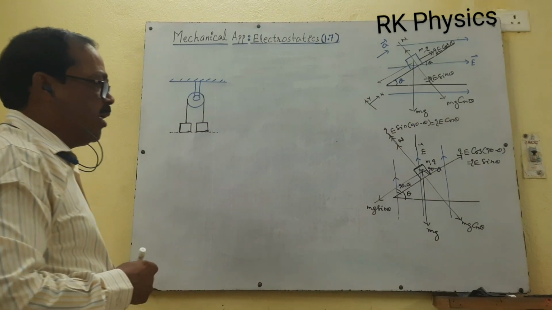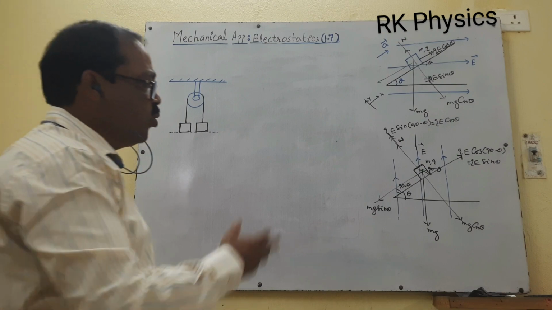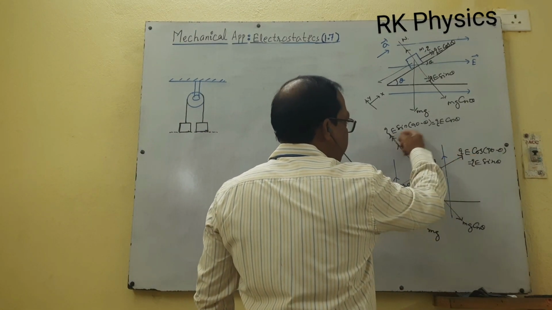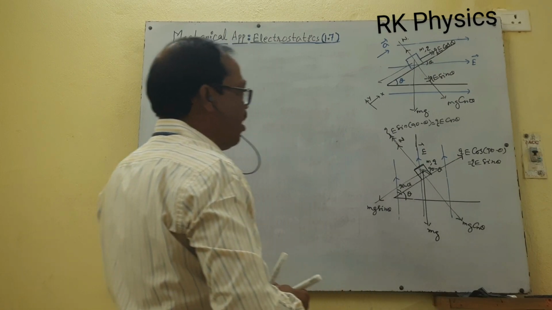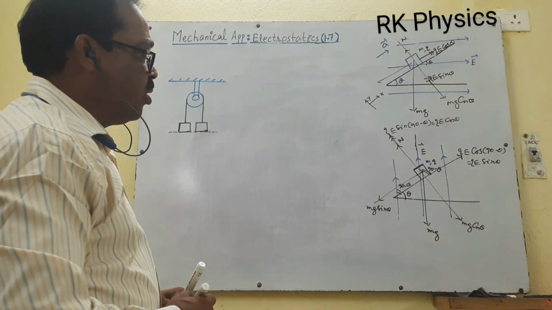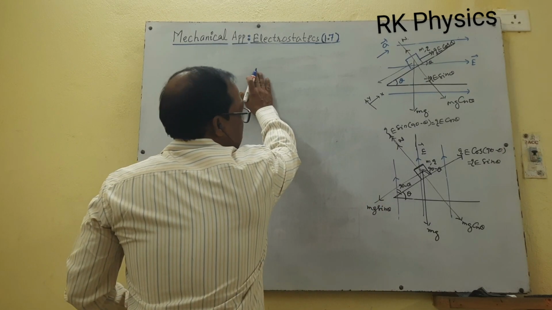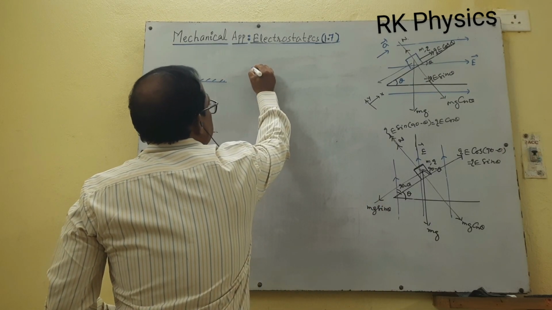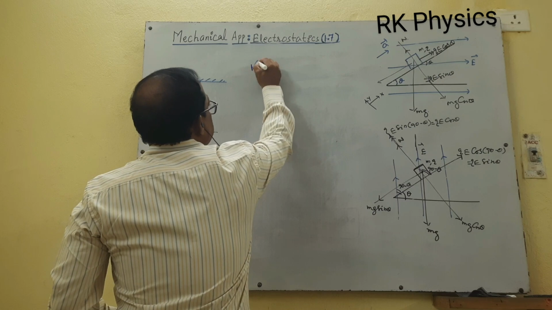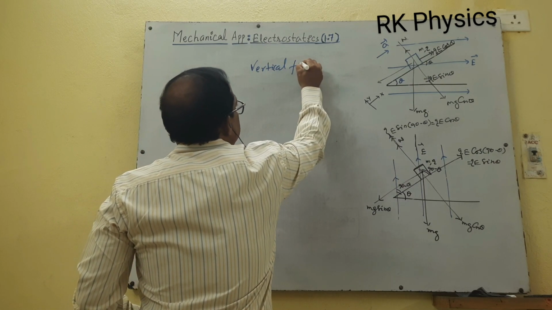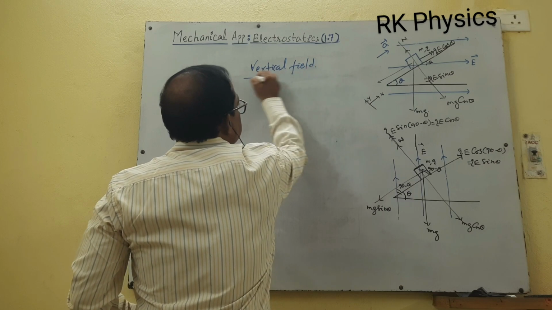Therefore, the force due to the electric field is QE sin theta along the incline, and QE sin(90 minus theta) or QE cos theta along the normal. So that is the first case, vertical field. This is the vertical electric field.